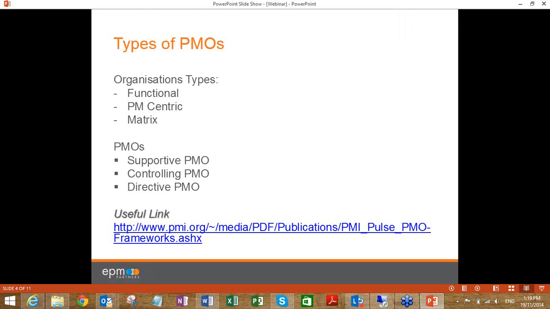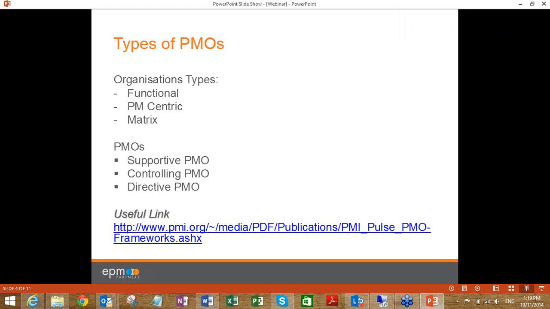That certain reports are produced by the project managers across the board for projects, and so on and so on. So that's more of a controlling body in the organization. It is not an optional service. It's a mandated service. You can't get your project approved or moving or running in the organization without a controlling PMO entity being involved in some shape.